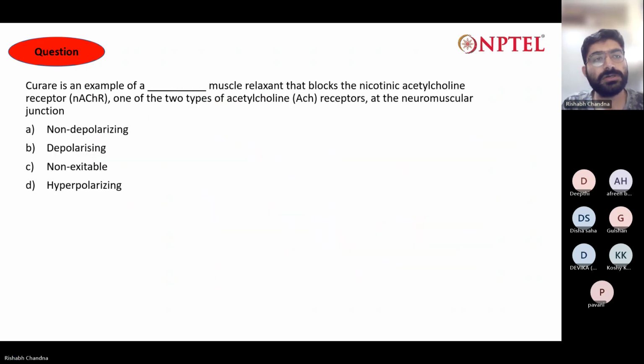So curare is an example of a dash muscle relaxant that blocks the nicotinic acetylcholine receptors, one of the two types of acetylcholine receptors at the neuromuscular junction. So can anybody guess?